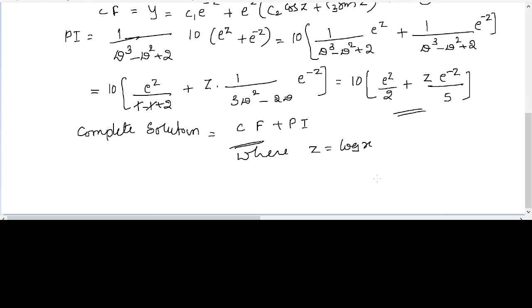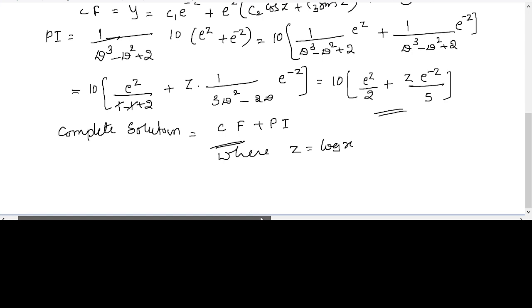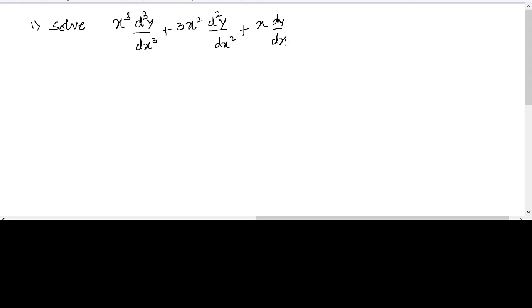Using the same technique, I am giving you two to three problems. Please try them using the same technique. Solve x cube d cube y by dx cube plus 3x square d square y by dx square plus x dy by dx plus y is equal to x plus log x.